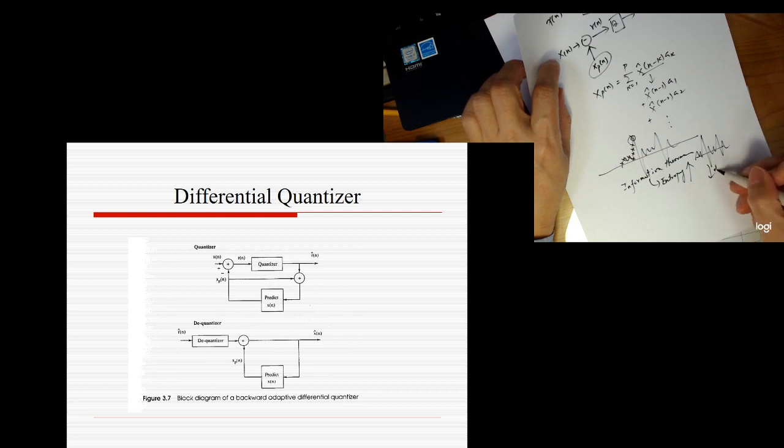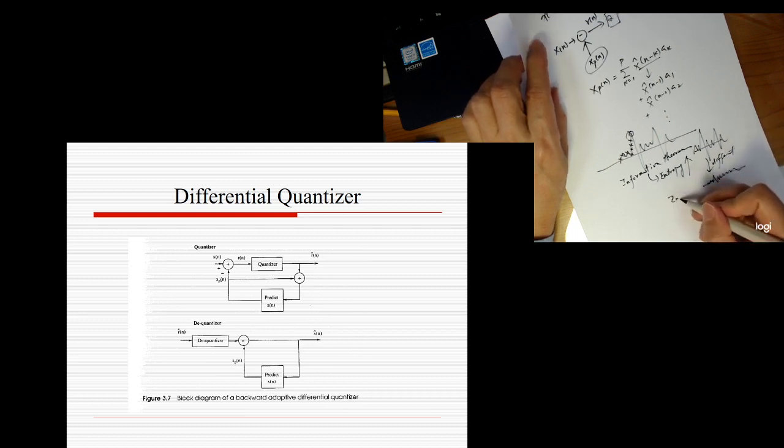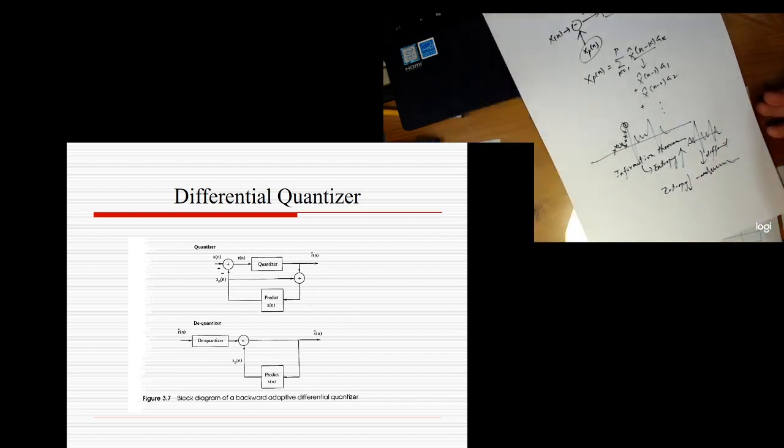After we take the differential, the dynamic range becomes smaller, so the entropy will be lower. Since entropy is lower, we can use fewer bits to encode the data. It looks like your data diversity becomes smaller, so we can make good use of our quantization levels.